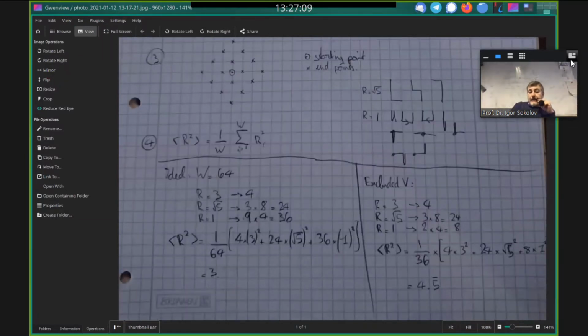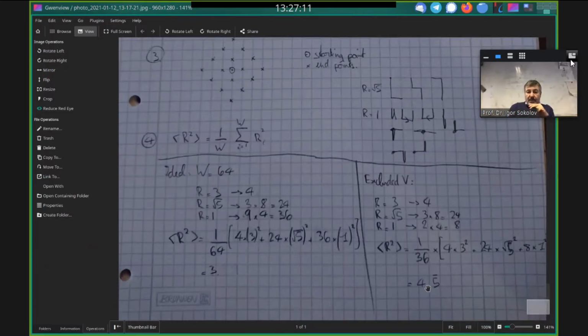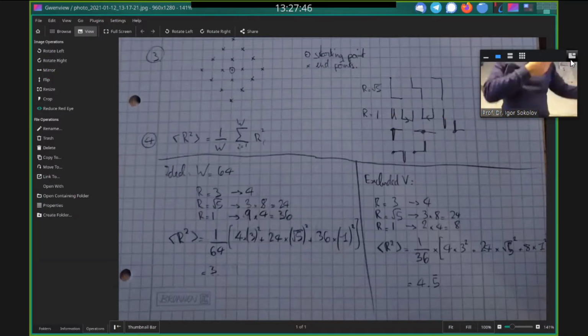How do you know this? How do you count? Have you counted all of them? Yes. So for the excluded volume, I discounted all of these ones where the chain falls back on itself. So there's only these 2 possibilities which can occur for the distance of 1. Let me have a look at my figure.